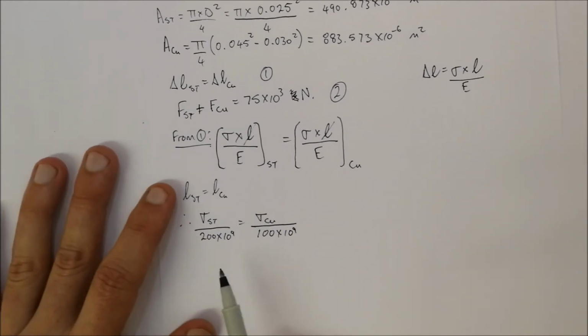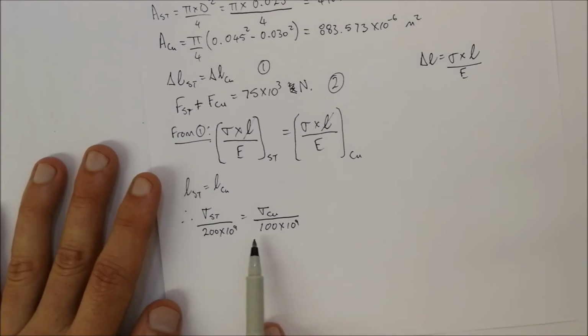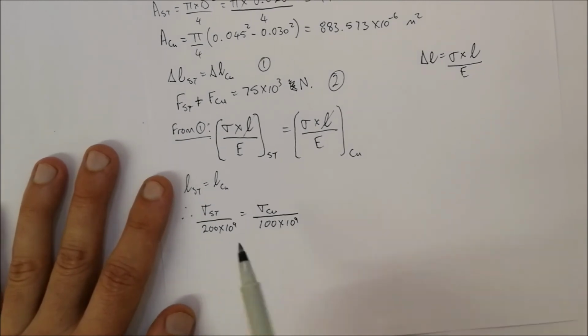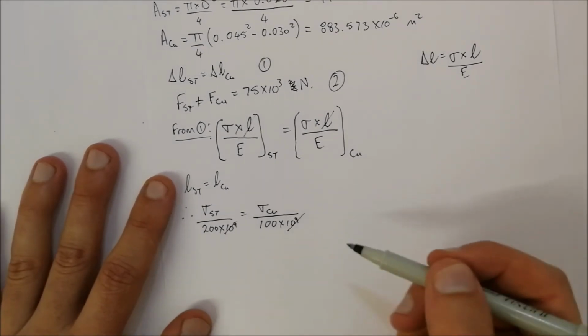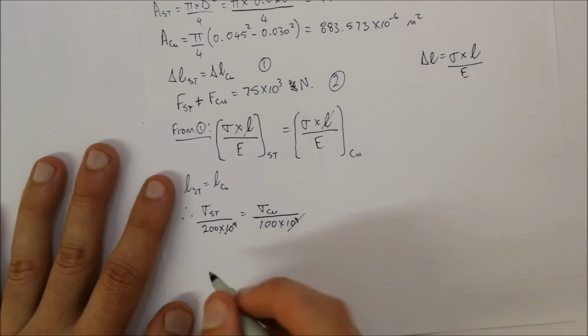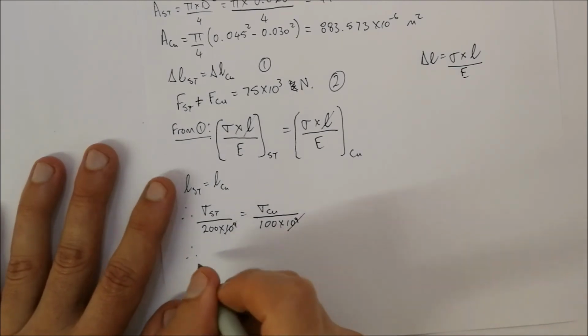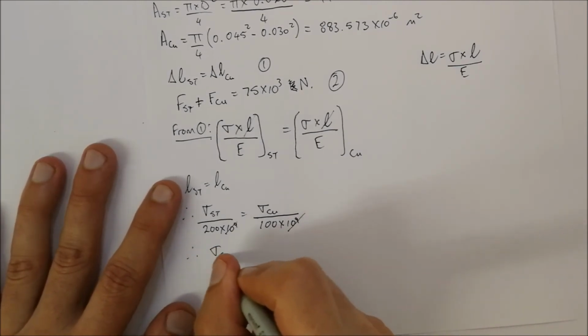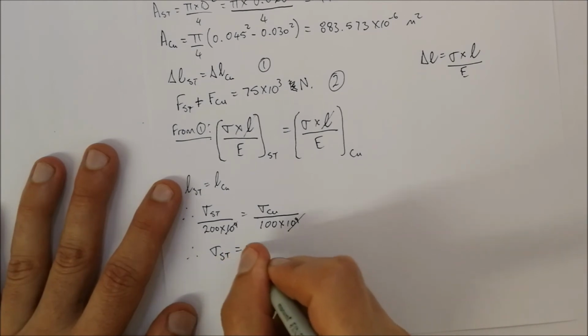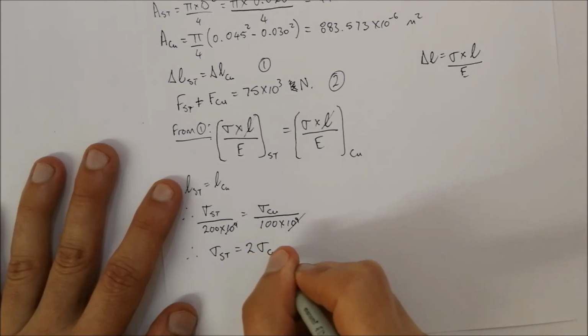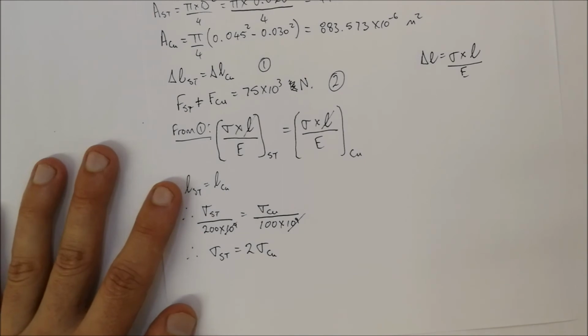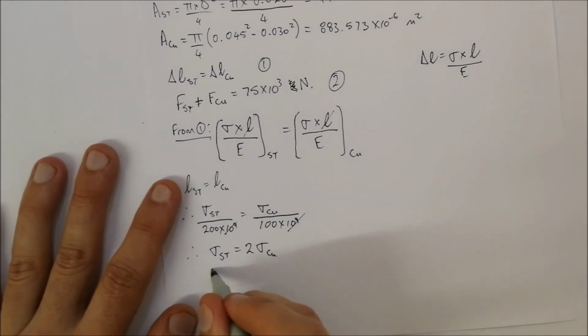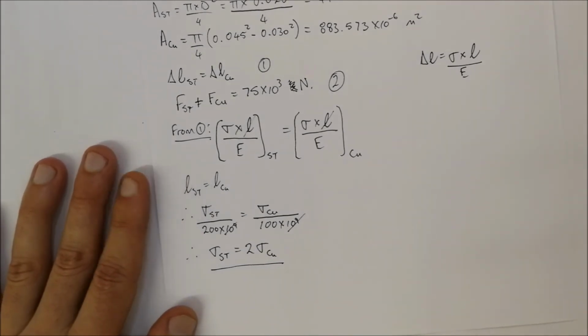Now we're able to cancel out the times 10 to the 9, and we can calculate that the stress of steel is equal to 2 times the stress of copper. We're going to keep that answer in mind.